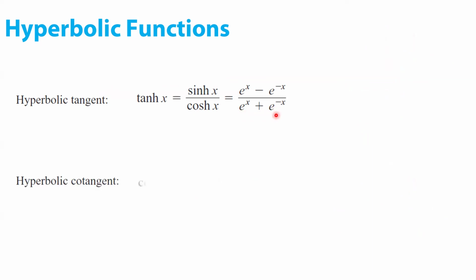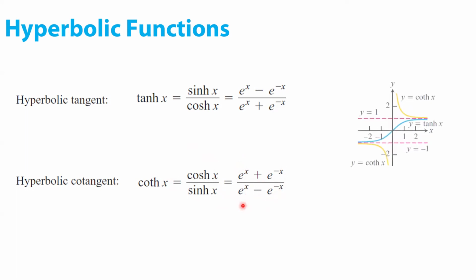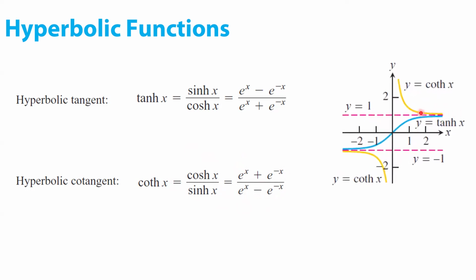Hyperbolic cotangent is hyperbolic cosine divided by hyperbolic sine, or e to power x plus e to power minus x divided by e to power x minus e to power minus x. The graph behaves like this. For hyperbolic tangent, this is the behavior of the function that you have. And for hyperbolic cotangent, as you can see, the graph is divided up into 2 pieces.